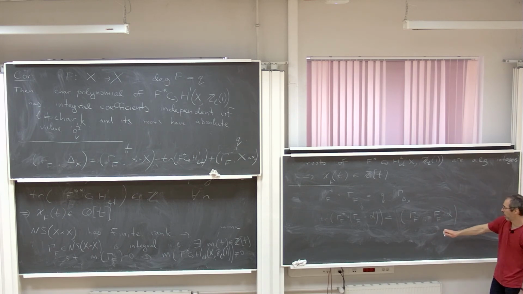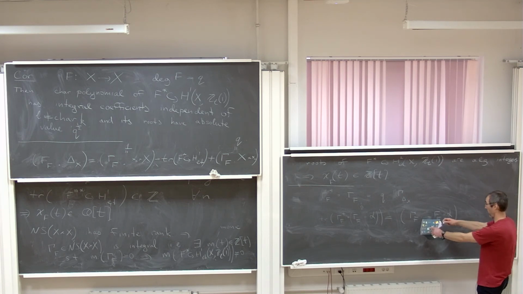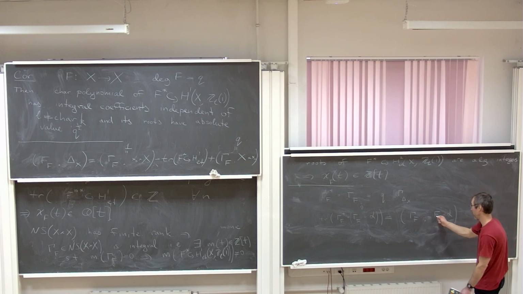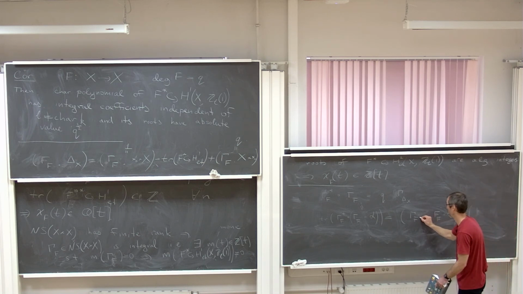But now the intersection pairing is invariant with respect to, I could put identity, because it doesn't change anything.